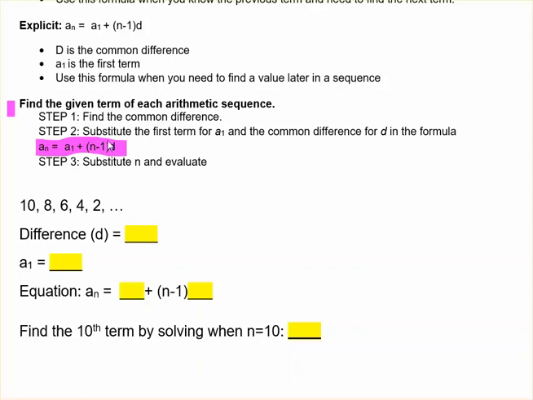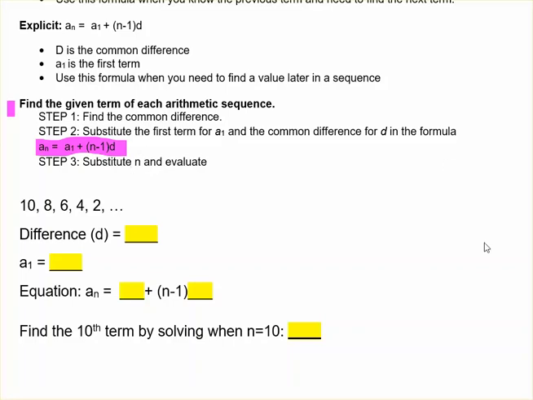The reason we have n minus 1 is because we're starting with term 1. It's a little bit different than when you had a linear equation and we often started with x equals 0. Then we substitute in for the term we want to know, and we just evaluate.